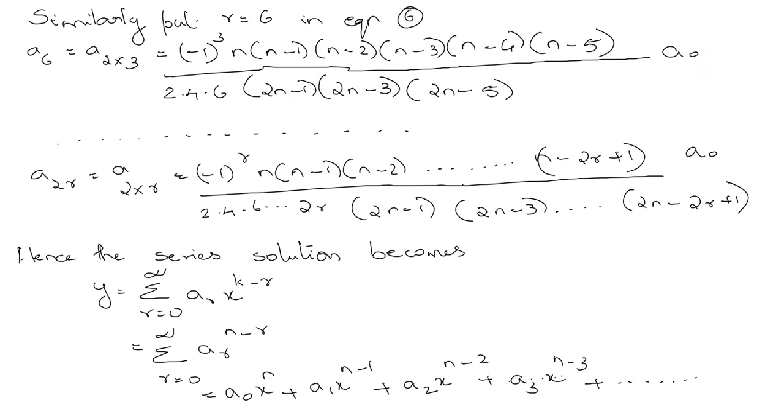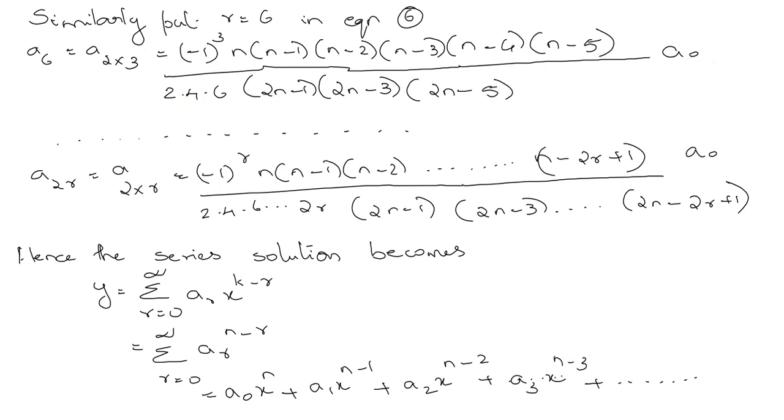If it is A8, you can write A2 into 4, then here it will be minus 1 raised to 4, and you will get terms up to N minus 7 in the numerator, and here you will be having terms 2 into 4 into 6 into 8, and in the denominator the term ending will be 2N minus 7.